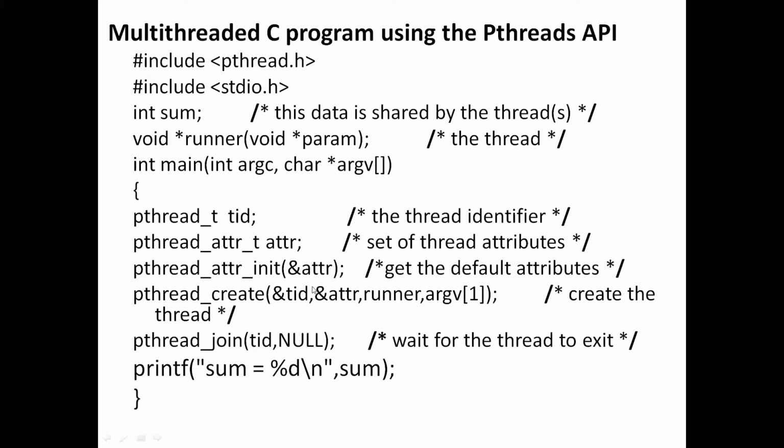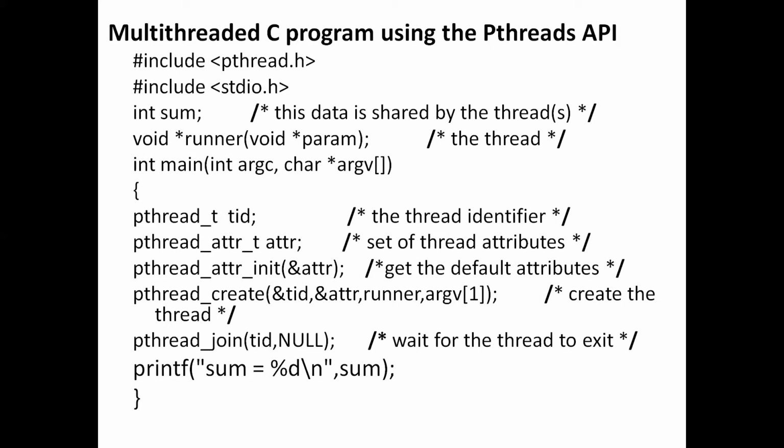In the next statement, pthread_attr_init of &attr, for this init method we are passing attr, that is, to get the default attributes for the thread.